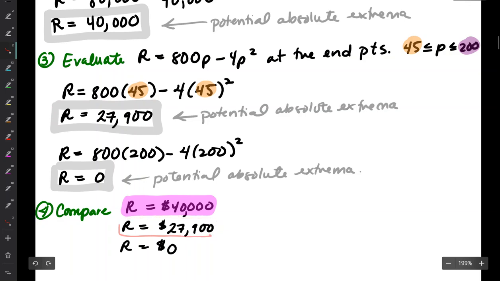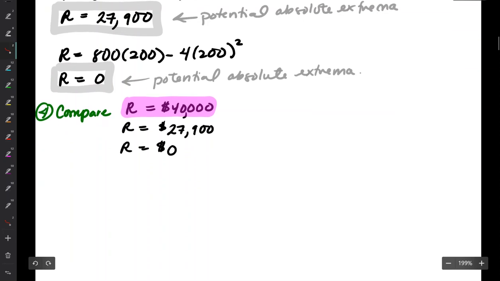That lower bound here is probably the cost of business. That's him or her breaking even. And then this upper bound of 200, well, if I'm charging $200 for my car rental, that's just too much. The market won't bear that. My revenue is going to be 0. I'm not going to be renting any cars whatsoever.